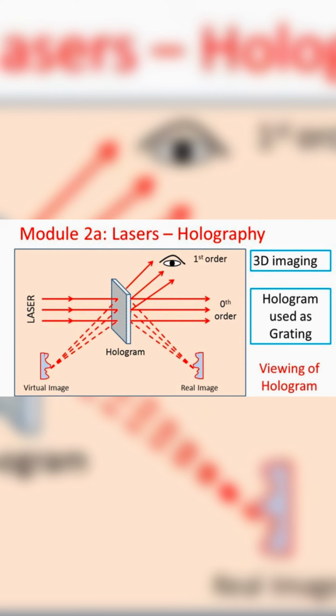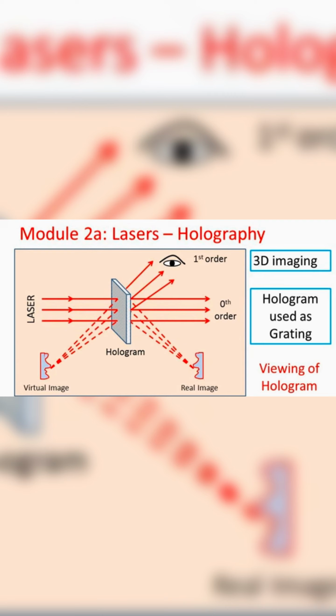Once the hologram is recorded, to see the three-dimensional image, we have seen that the hologram does not contain the distinct image of the object. It is just an interference pattern in the form of dark and bright fringes. This hologram can be used as a diffraction grating in order to view the three-dimensional image.